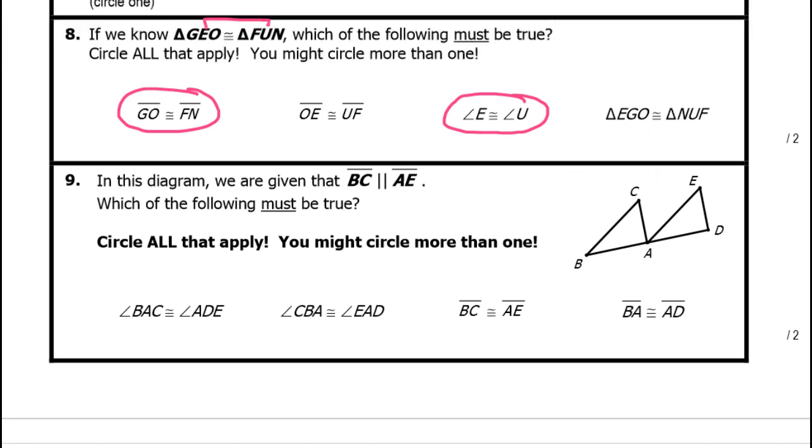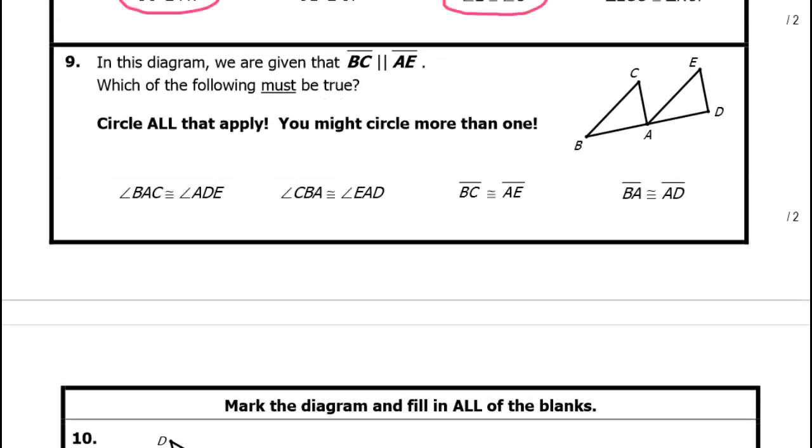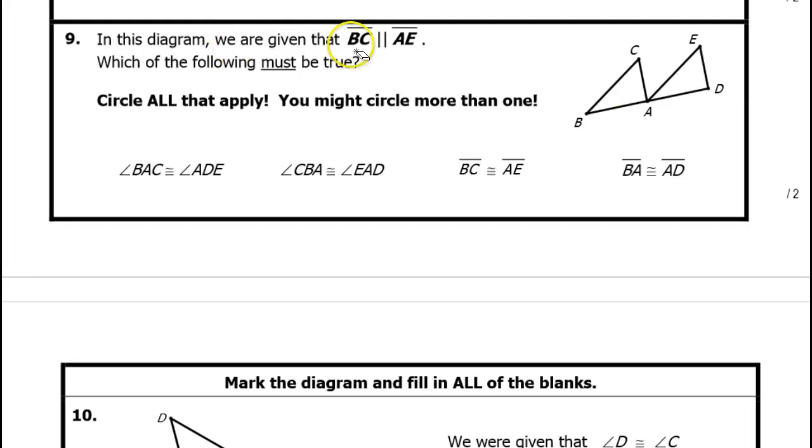All right, looking at problem number 9. In this diagram, we are given that segment BC is parallel to segment AE. Which of the following must be true? So whenever they mention parallel segments, you should trace them. So BC is parallel to AE.